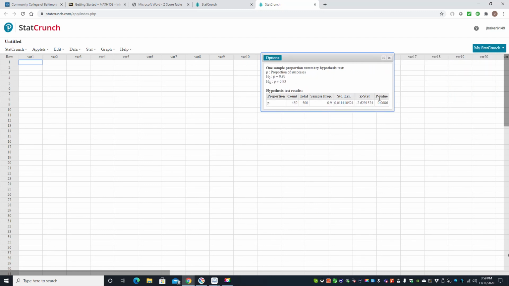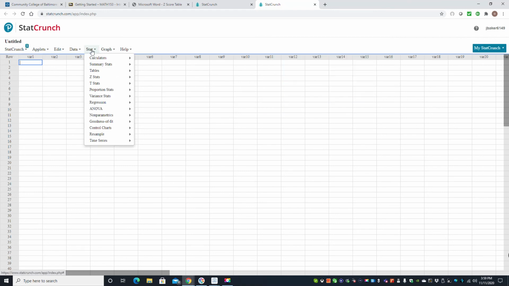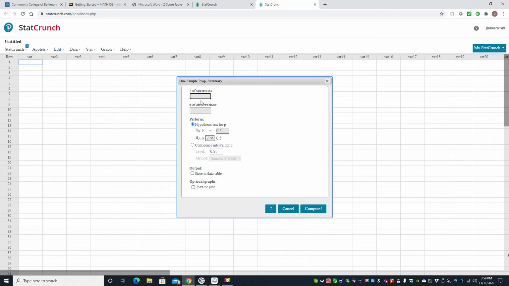And that gives you a p-value, which is pretty much what we got. So it does the multiply by 2 and everything. So like the last one that we were talking about, which was also a not equal to, we could go to stat, proportion stats, one sample with summary. So this is situation 5 with the left-handed people.